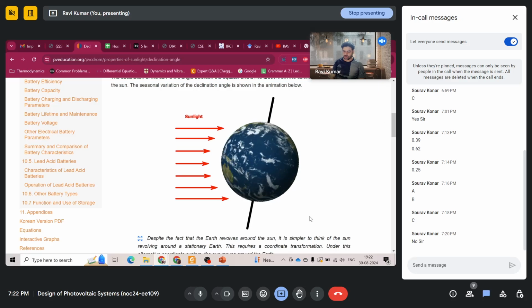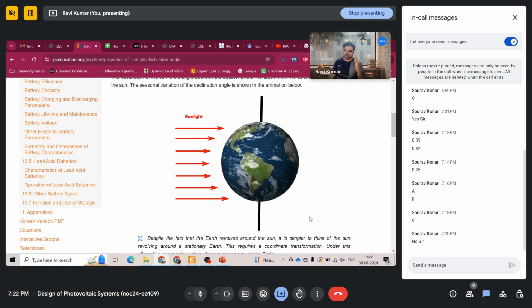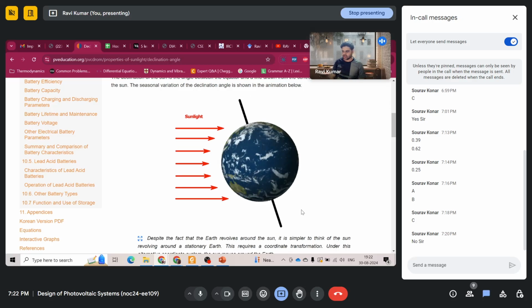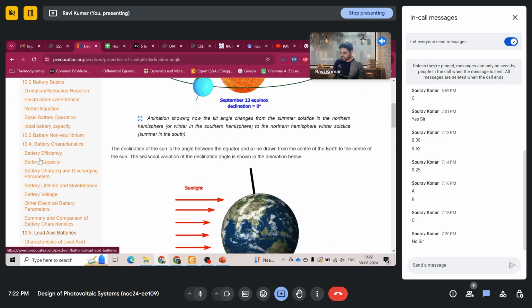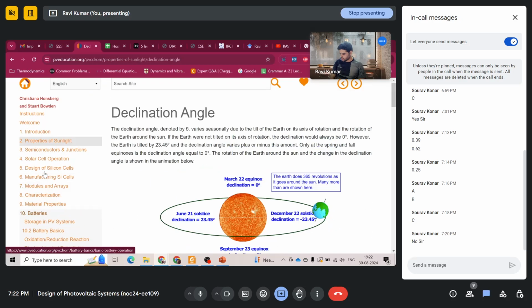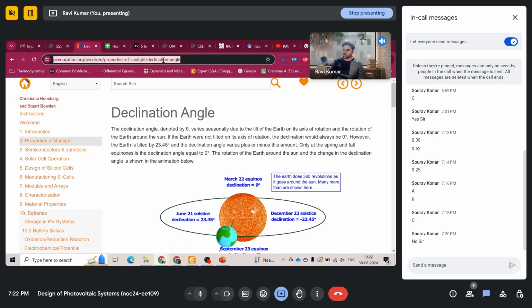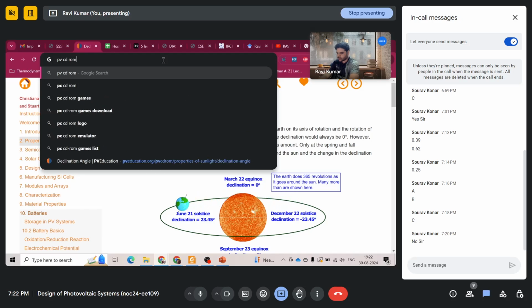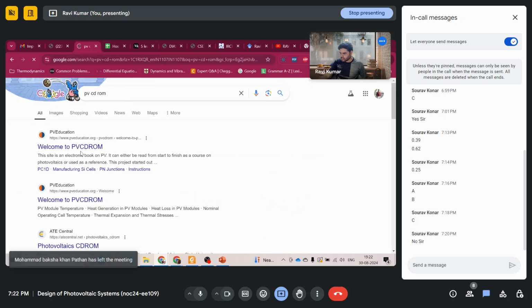If you are not able to imagine something, you can refer to the GIFs or animations on this website. To go through it, just write PVCD-ROM. It says welcome to PVCD-ROM. You will go here.